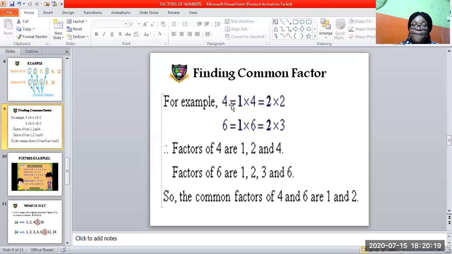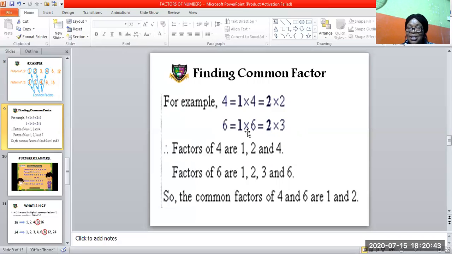The factors of 4 are 1, 2, and 4. The factors of 6 are 1, 6, 2, and 3. Are we together?